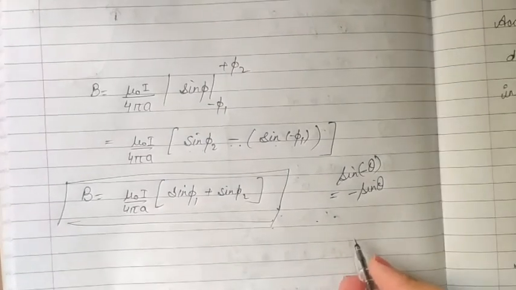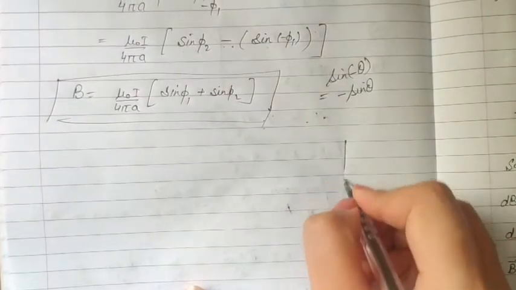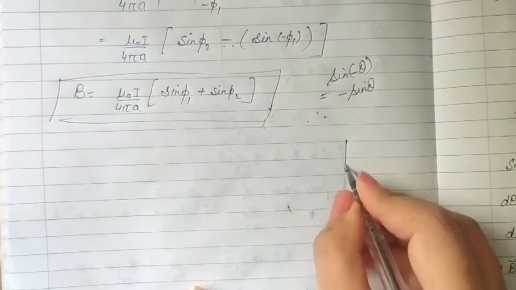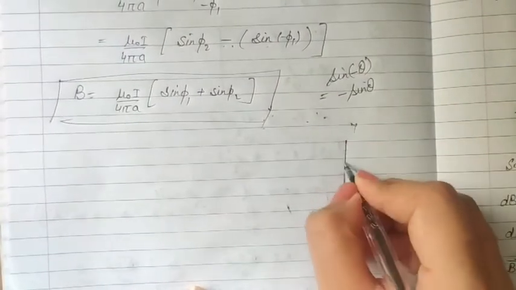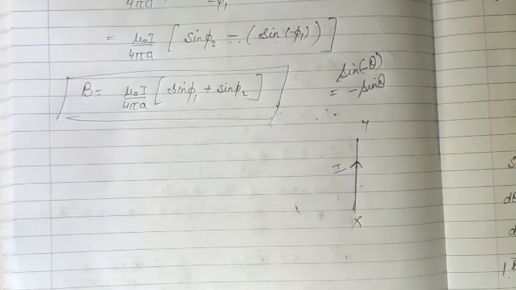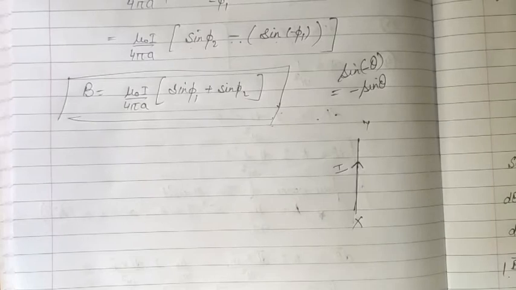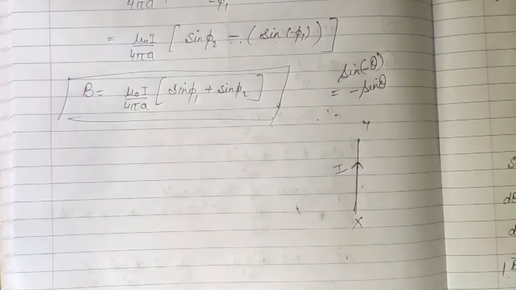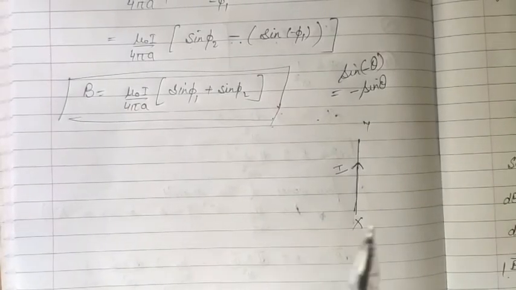The diagram we have is like this, we have a conductor XY and current was flowing like this. So if I hold this conductor from the right hand such that current points in the direction of thumb, it's like this.